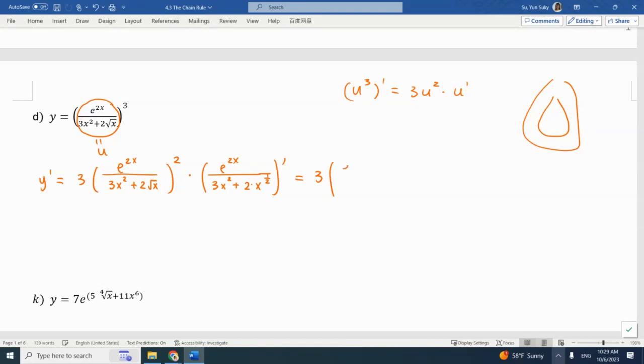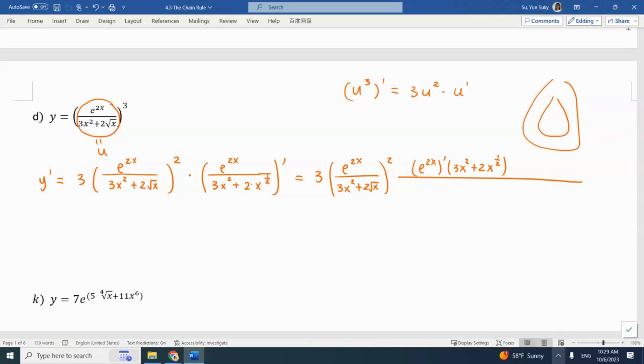We have 3 e to the 2x over 3x squared plus 2 square root of x, squared. Now quotient rule, Dylan. What's quotient rule? U prime v, so the top, e to the 2x prime times v is what? Yes.